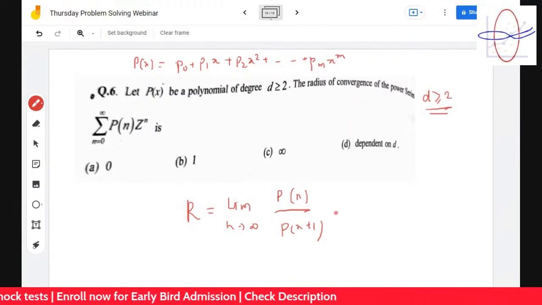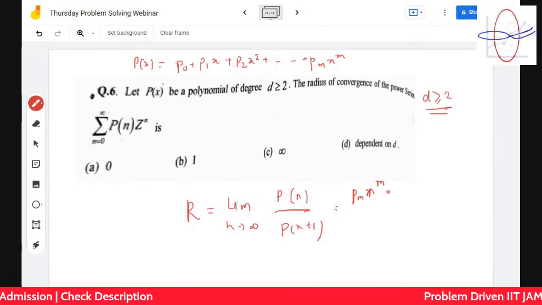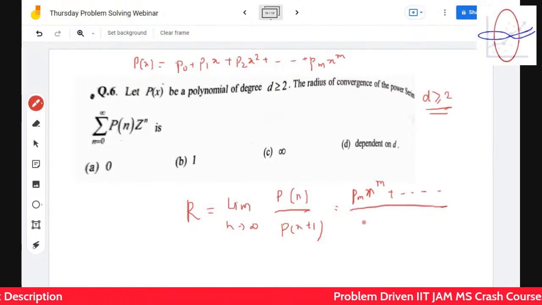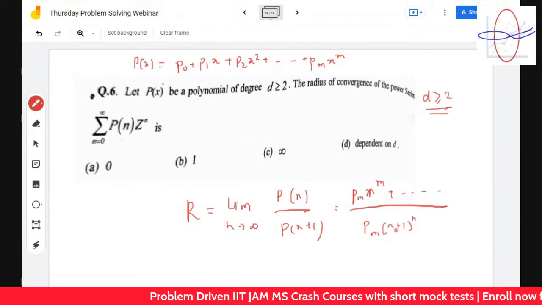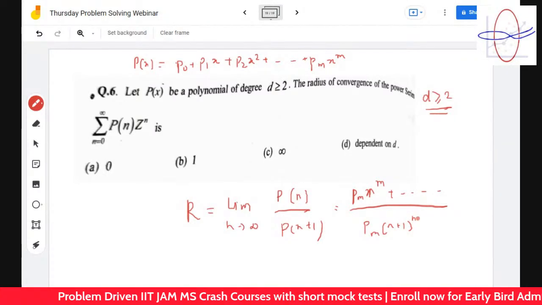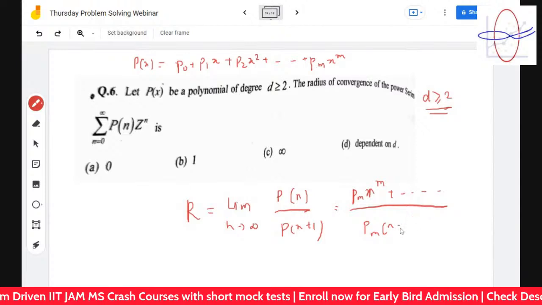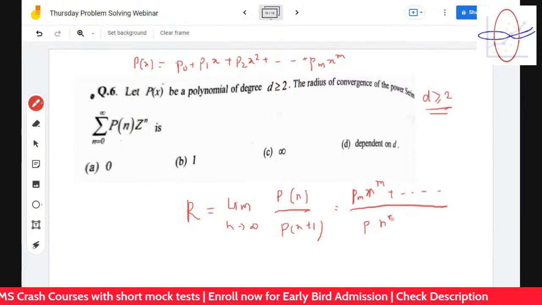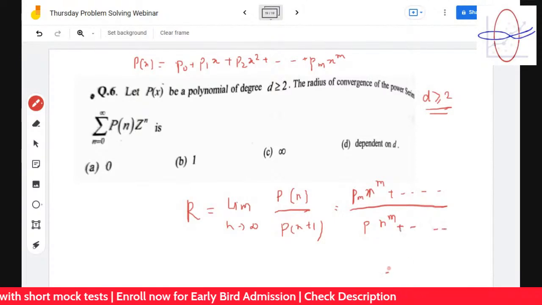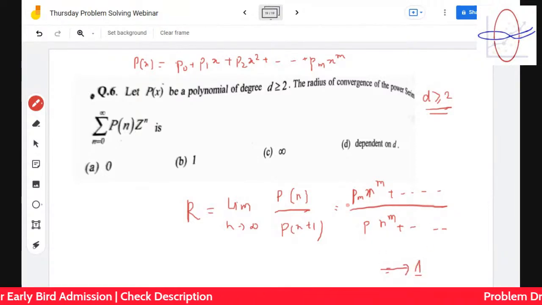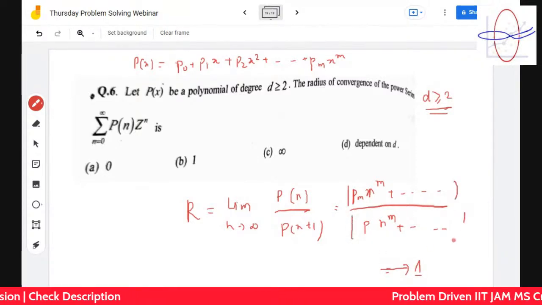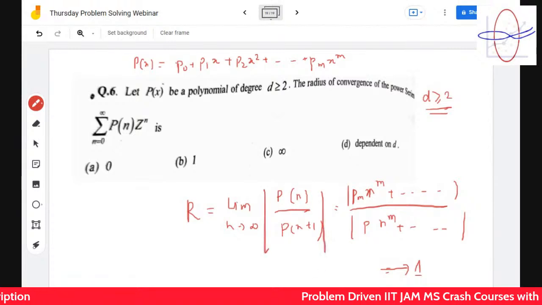So it is pm n to the power m plus dot dot dot, and here it's pm (n plus 1) whole to the power m. We are only interested in the coefficient of n to the power m, right? So it will be pm n to the power m plus something. So its radius of convergence is what? This goes to 1, right? Did you understand? It goes to 1.